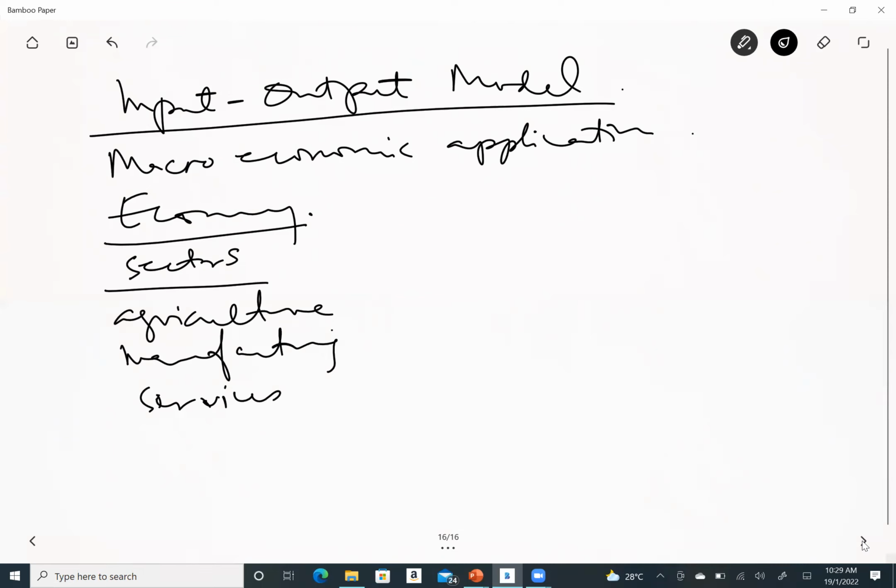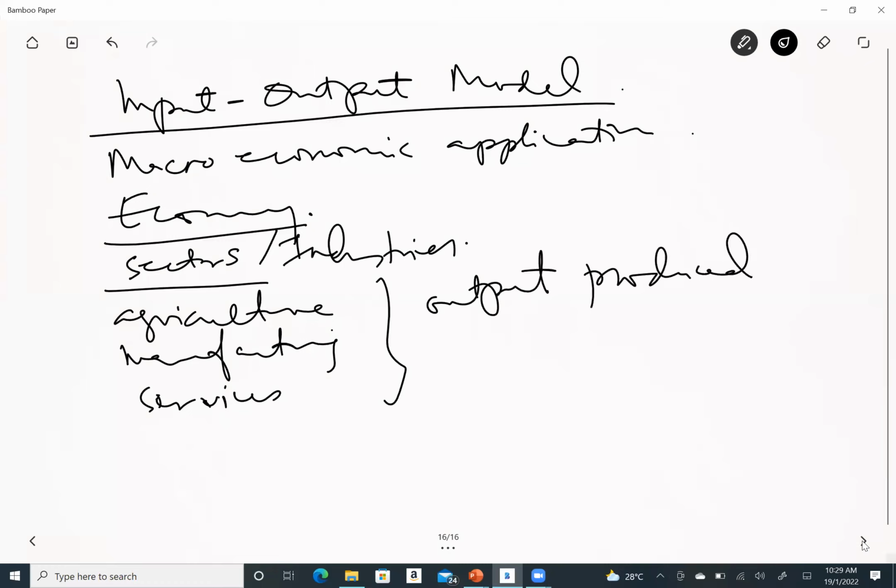Now these sectors of the economy produce output, goods or services. So these sectors, or sometimes industries, produce output in each sector or industry.